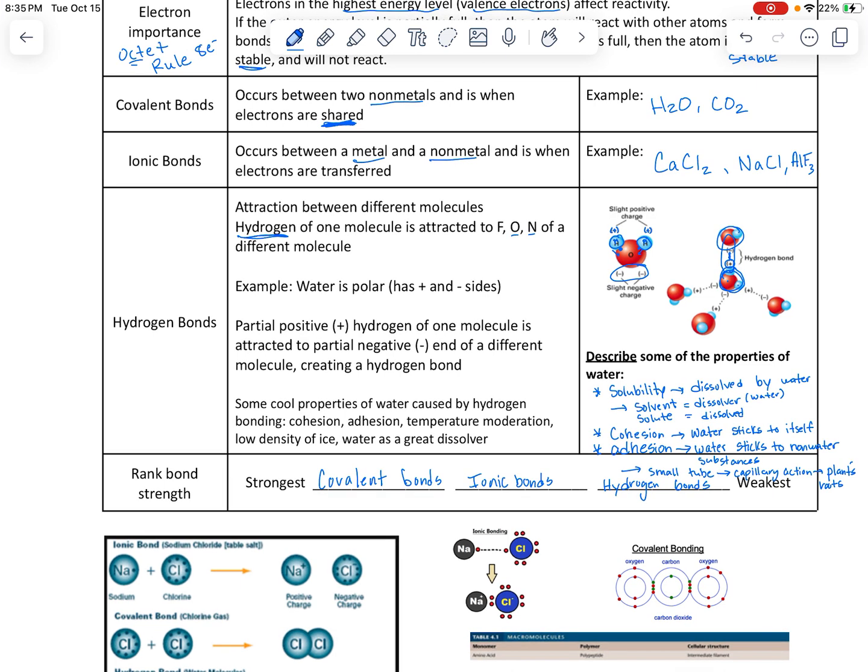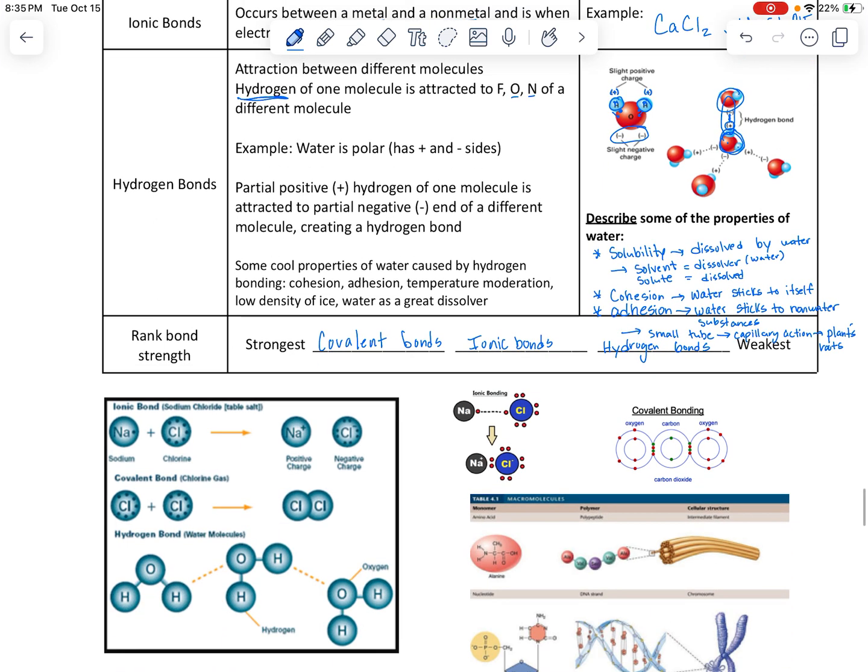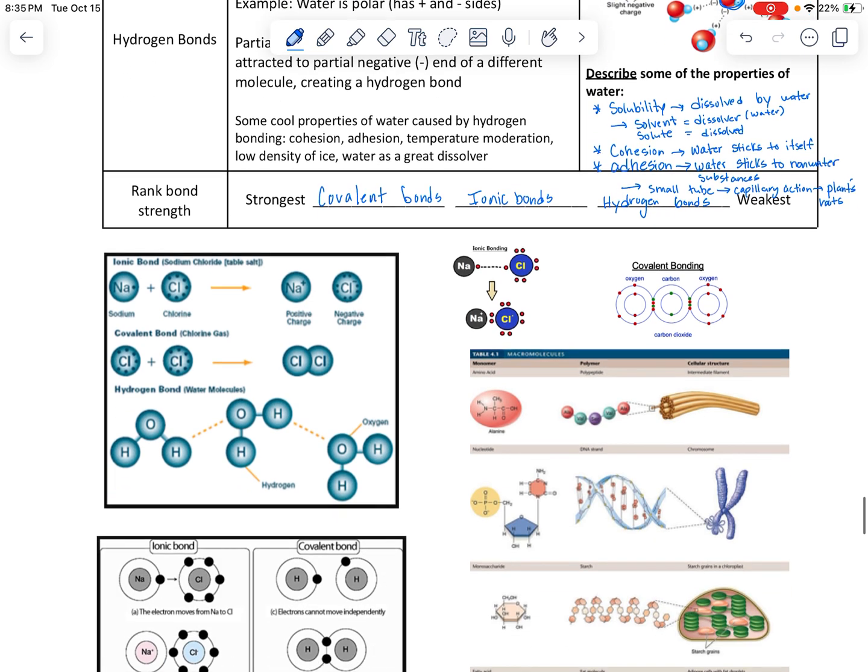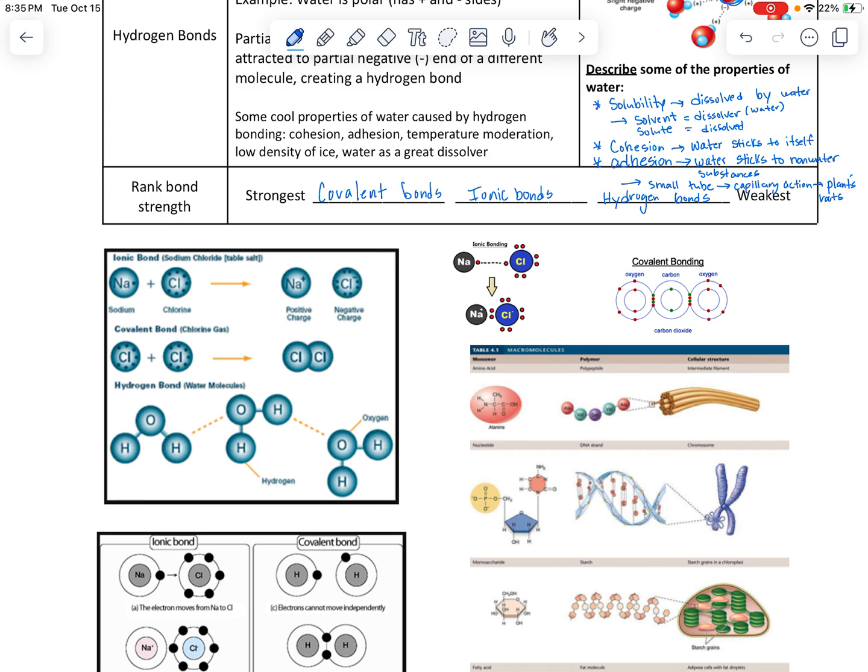Okay? So hydrogen bonds are really, really weak. When we talked about DNA and DNA replication, the reason DNA unzips down the middle is because of those hydrogen bonds. They're very, very weak, so they're able to pull apart very easily. Obviously super important in terms of biology.